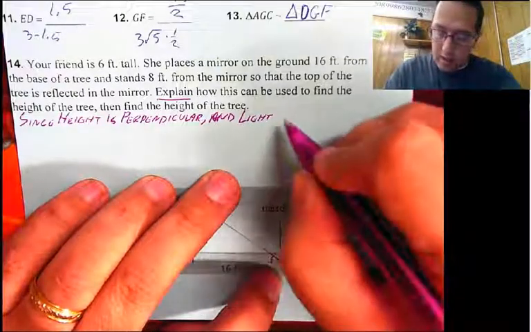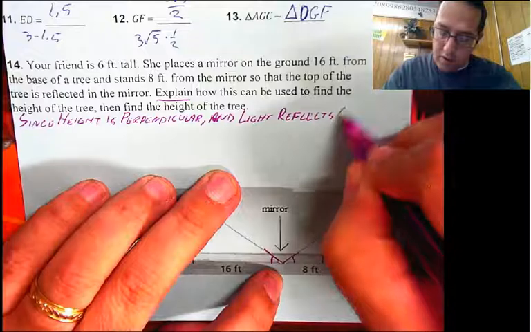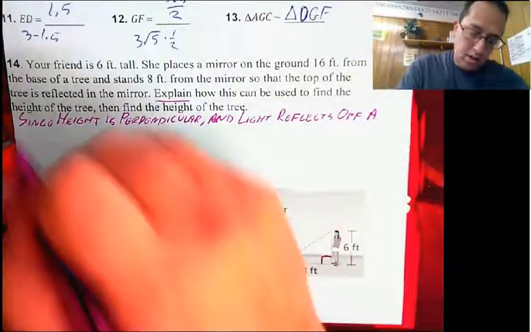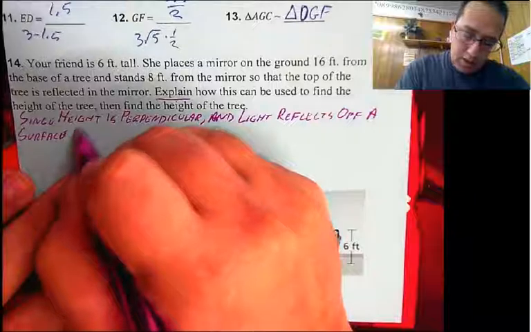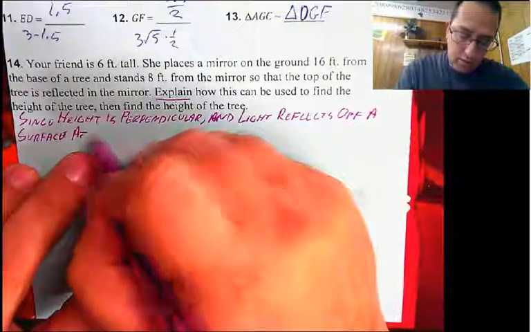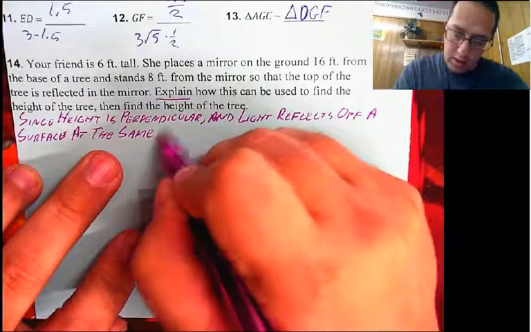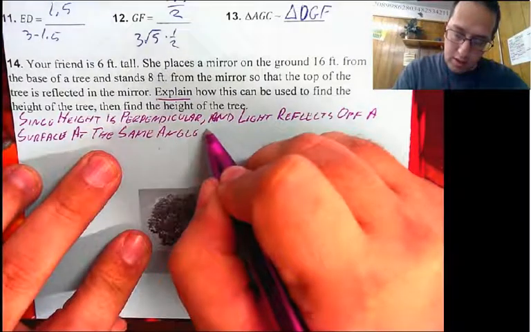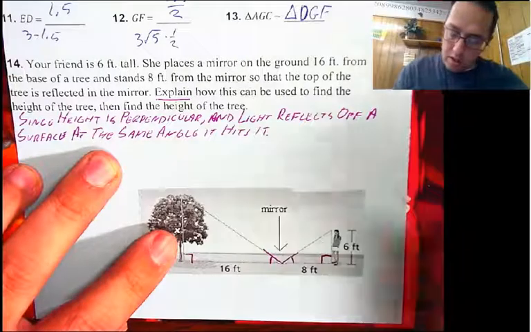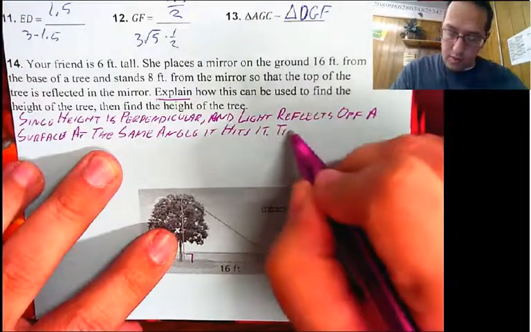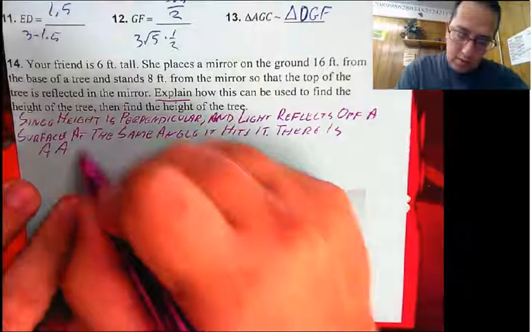Since light reflects off a surface, I'm not a science guy, so I don't really know what it's called when it comes in like that, at the same angle it hits the surface, we have angle-angle similarity. There is angle-angle similarity.